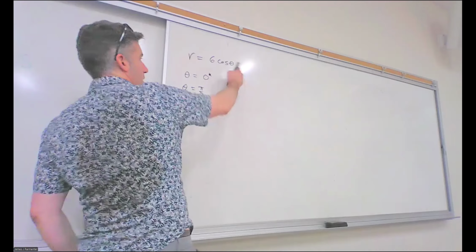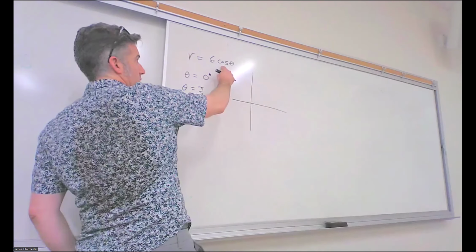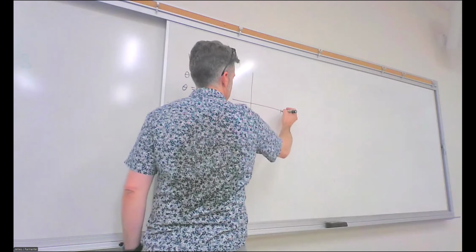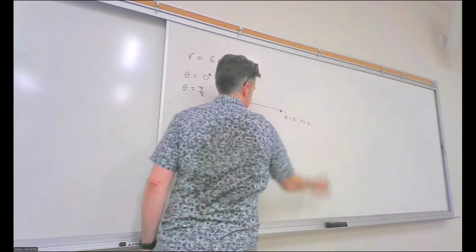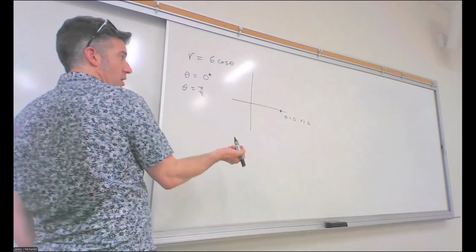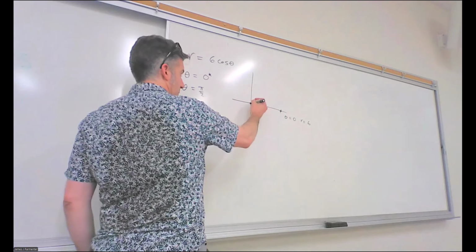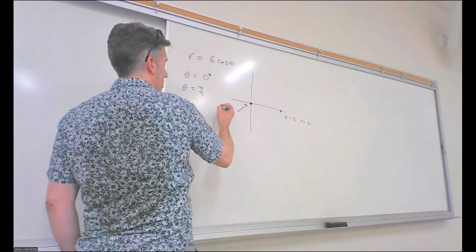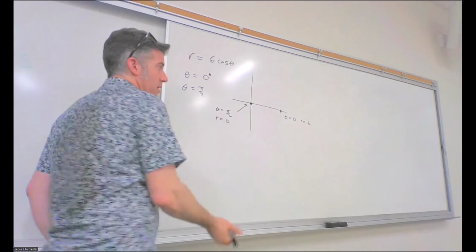If theta equals 0, I'm pointing to the right. Cosine of 0 is 1, 6 times 1 is 6. So I get this point here where theta equals 0, r equals 6. And if theta equals pi over 2, cosine of pi over 2 is 0, which means you're at the origin, since your radius is 0.